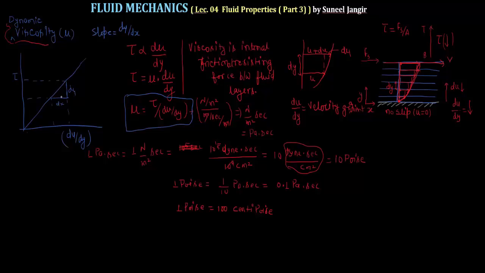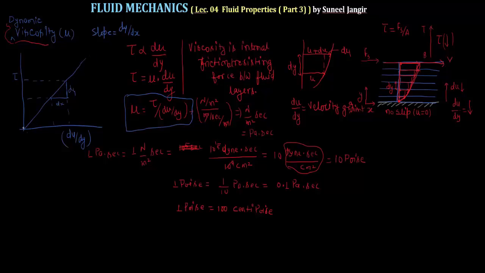So mu represents the slope when we plot a graph between du upon dy, that is velocity gradient, and shear stress. And this slope is constant because, from this equation, we know the slope will remain constant.